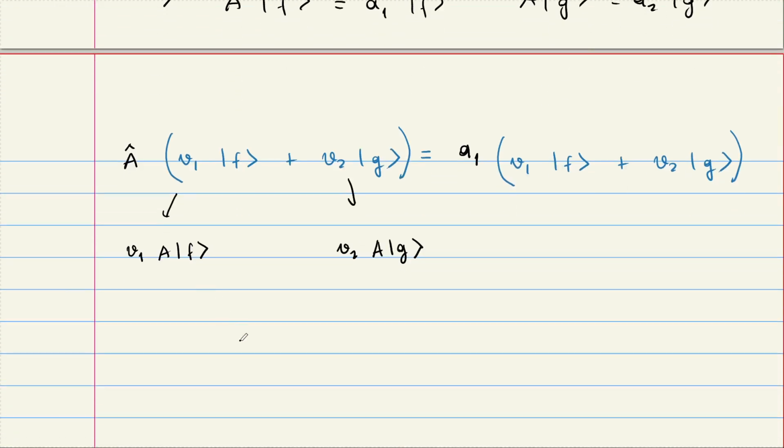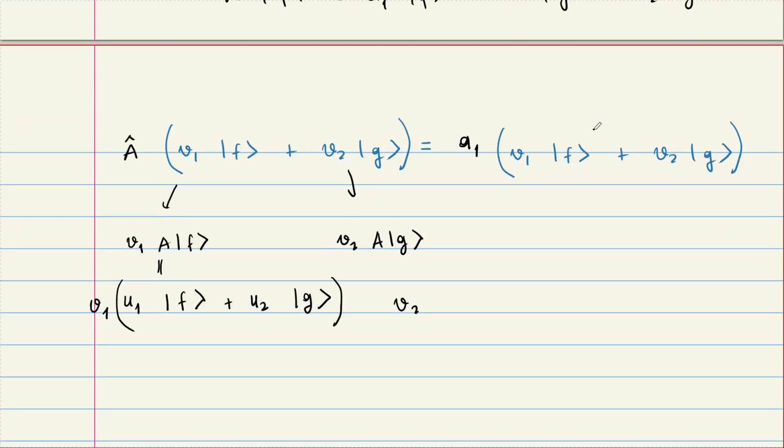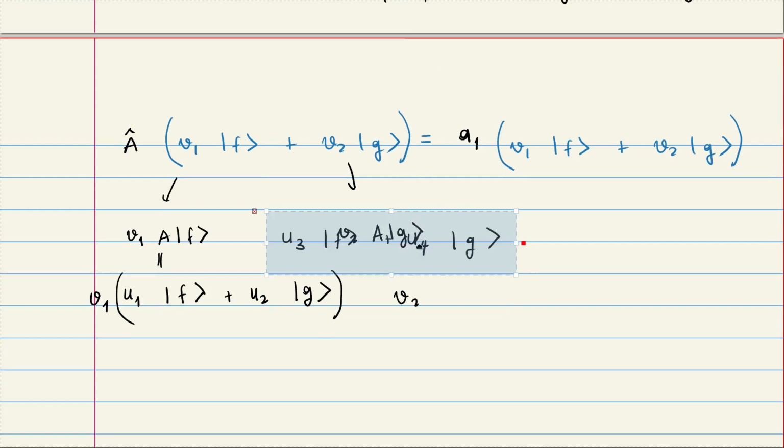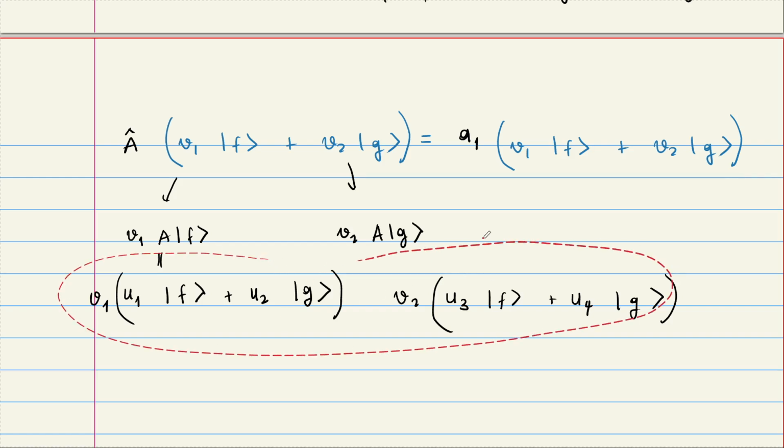So this thing is V1 times this entire thing. And similarly, V2, A times G is here. This is A times G. So this entire thing is the left hand side, and this entire thing is the right hand side.